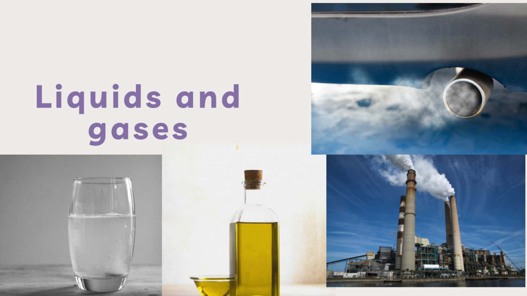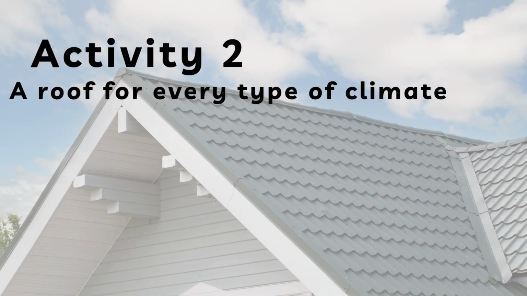This is also true for gases. We can describe the gases, as this is a colorless gas, or by the odor of these gases. So those are properties that we can describe the matter by.